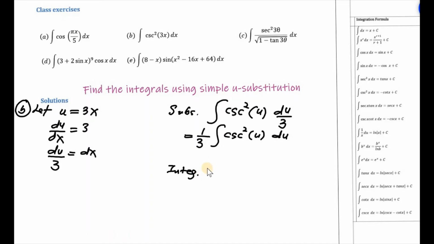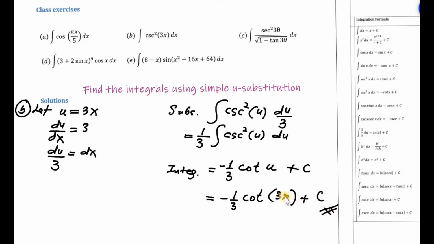So as we integrate, this will become 1 on 3, negative cotangent u plus c. Don't stop there. Make sure you replace back your u as the function of the given x. So what was our u? Our u is 3x. Easy, right?